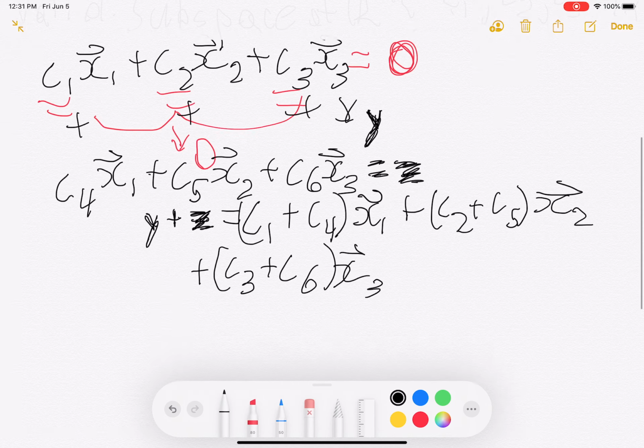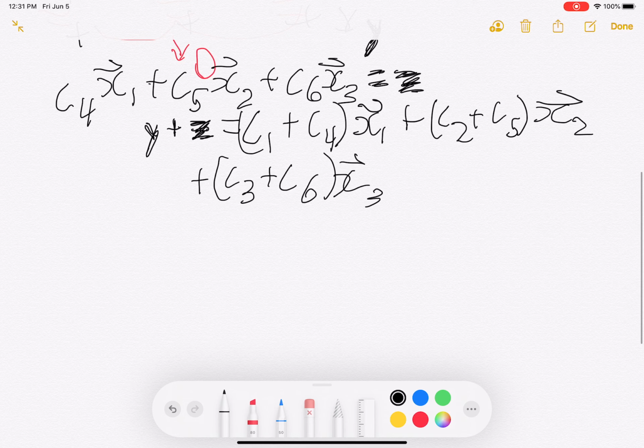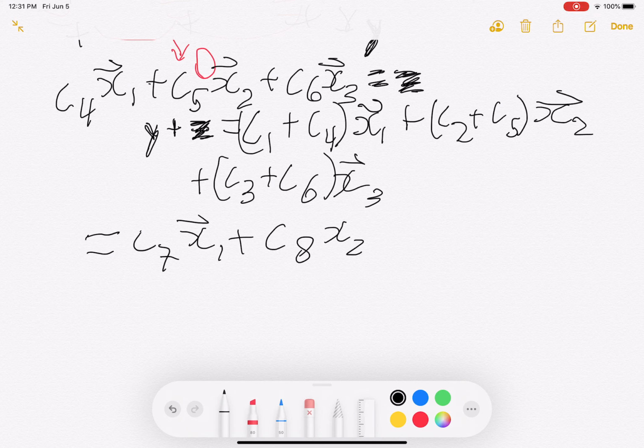And now we can see that all of these coefficients of x, we can just assign them to be some arbitrary value of c. We can say that this is just equal to c7 times x1 plus c8 times x2 plus c9 times x3.